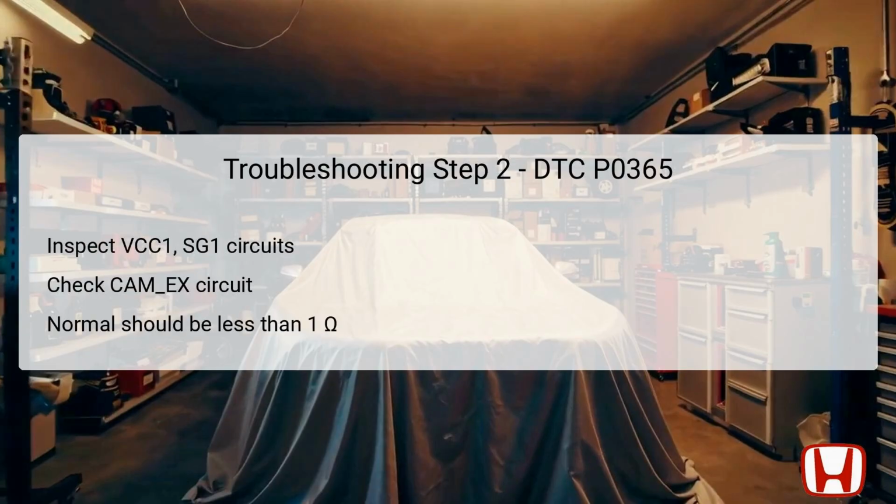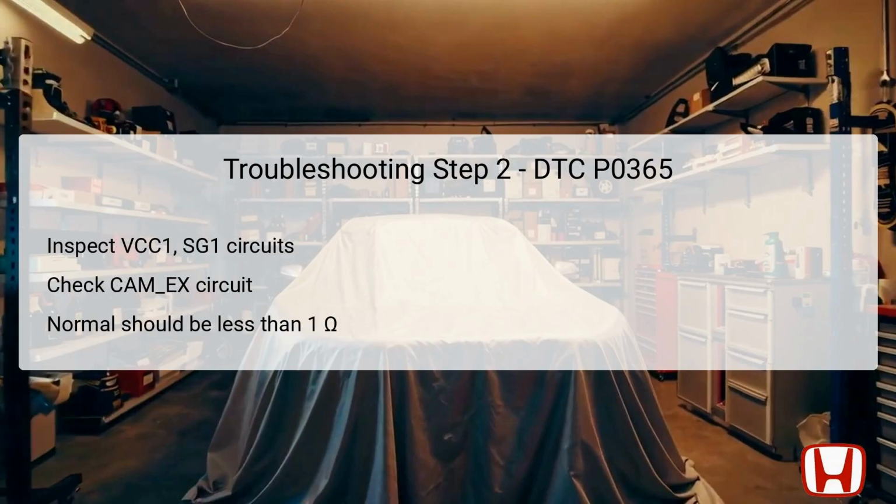Following the initial check, the next troubleshooting step involves inspecting the external circuits associated with the CMP sensor. This includes checking the VCC1 power supply, SG1 ground, and CAM extension X signal circuits. Start by ensuring that the CMP sensor B connector remains disconnected, as well as the PCM connector.